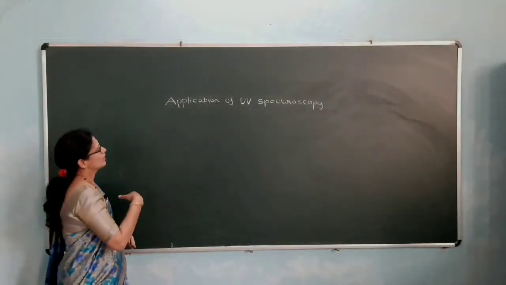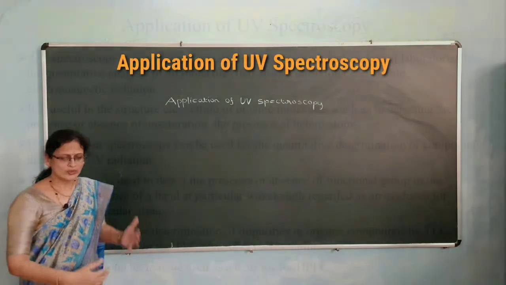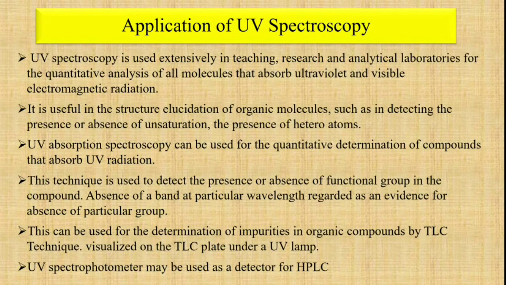Now we will talk about the applications of UV spectroscopy. UV spectroscopy is extensively used in research laboratories, in teaching and in analytical labs also. It is used to find out the presence or absence of conjugated double bonds in a compound. It is also used to distinguish alpha beta unsaturated carbonyl compounds from beta gamma analogues.